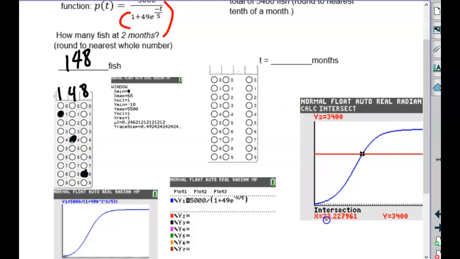And this one was 23.2 months. 23.2. And because it's graded response, if you don't round correctly, it's just wrong.